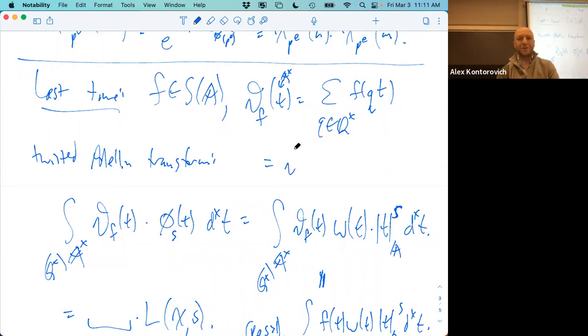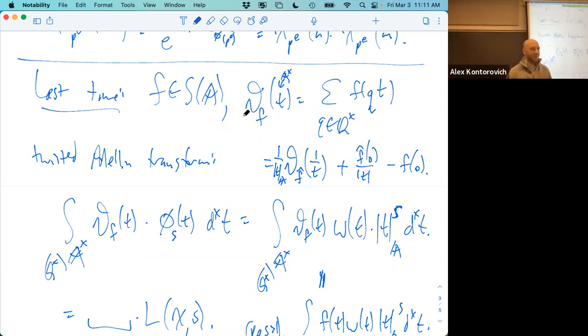So this is equal to the theta function for the Adelic Fourier transform. We've dilated by t, so we get a 1 over t and a 1 over the Adelic norm of t. We're missing the 0th term, so this is plus f hat of 0 over the Adelic norm of t. And I'm missing from this side the 0th term, which is f of 0. So that's the functional equation. That's the same functional equation we had all along.